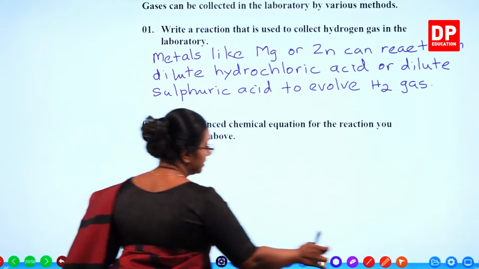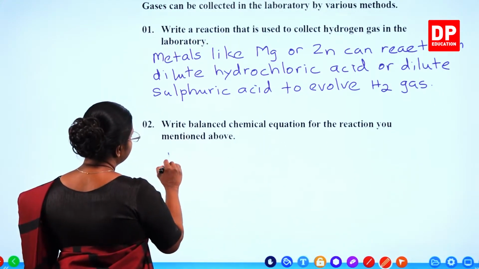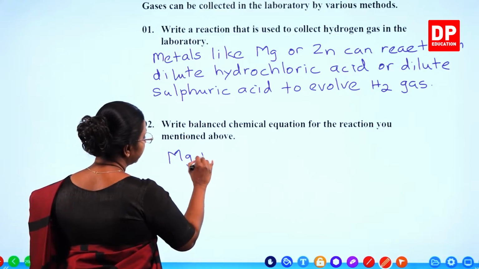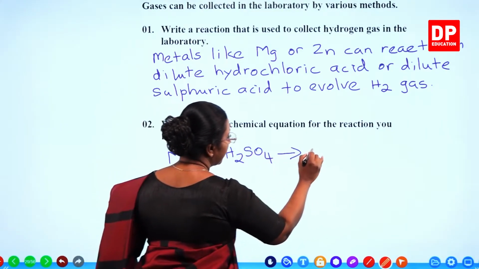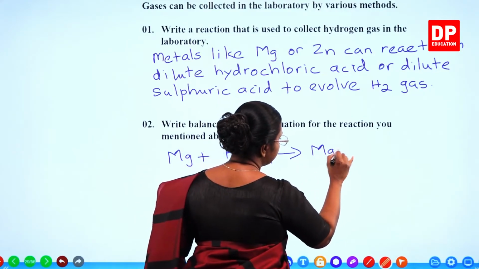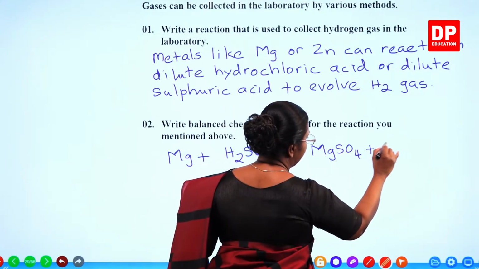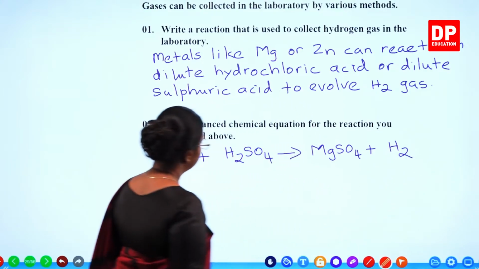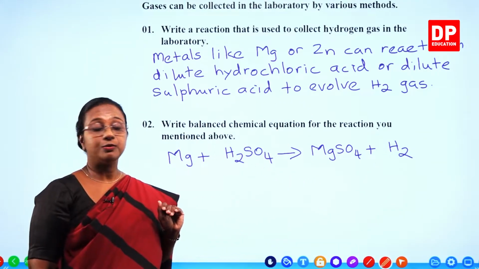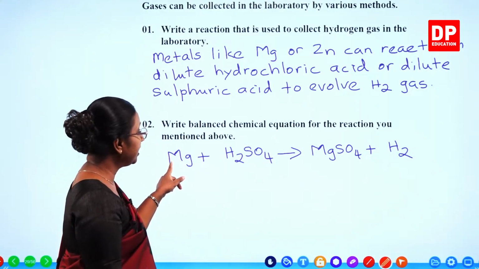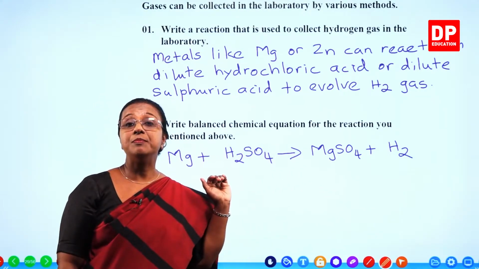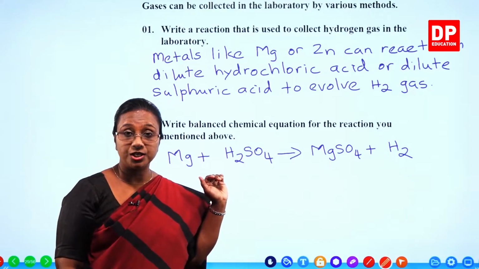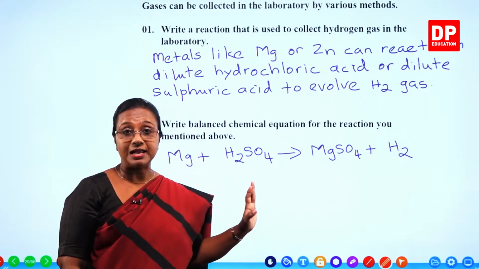So if it is, let's say, magnesium and sulfuric acid, the products will be magnesium sulfate and H2 gas. It is a balanced chemical equation. Even if this was zinc, this would have become zinc sulfate, but a similar equation. It will be already balanced.